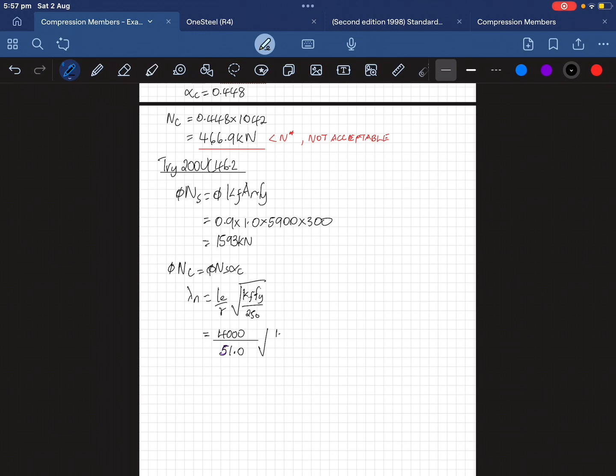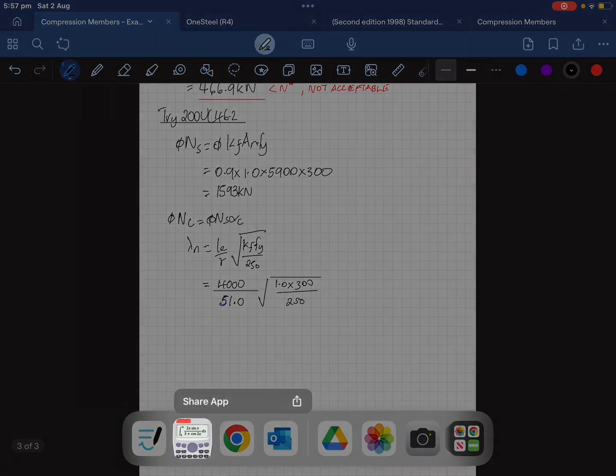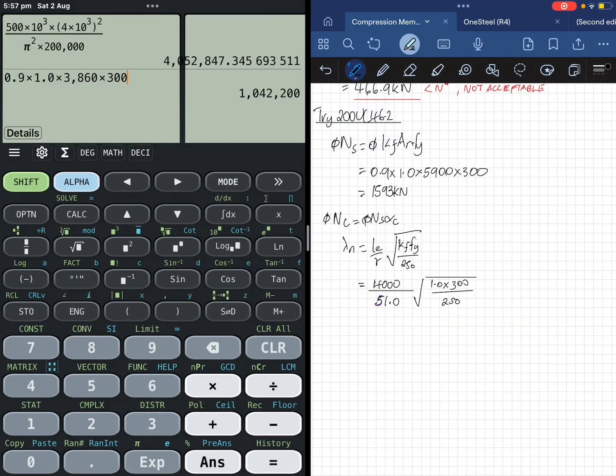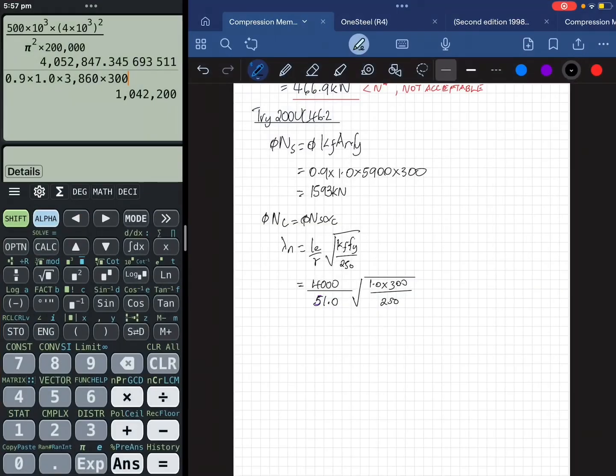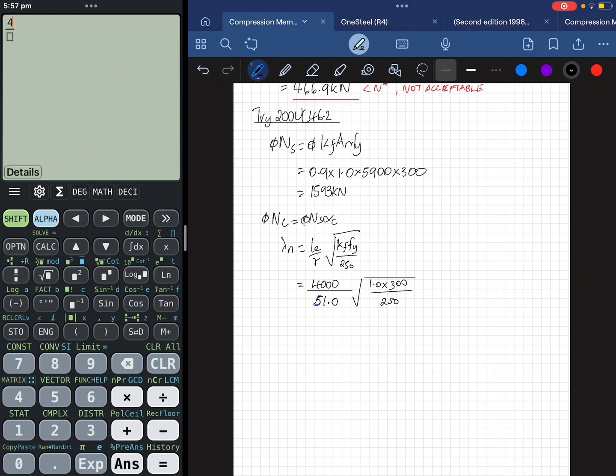51.0 multiplied by 1.0 times 300 MPa divided by 250. I'm just going to quickly do this on the calculator here. It's 4,000 divided by 51.0, times the square root of 1.0 times 300 divided by 250.